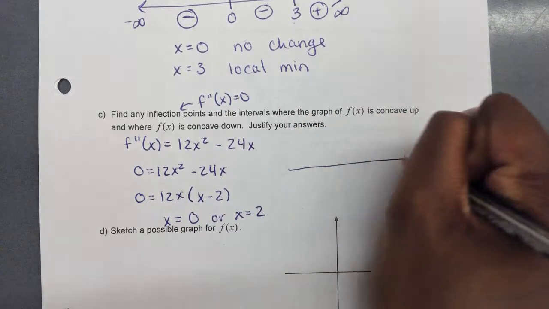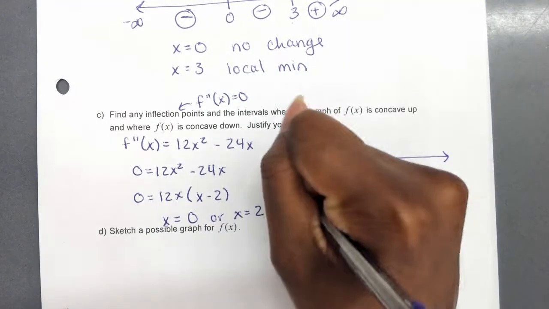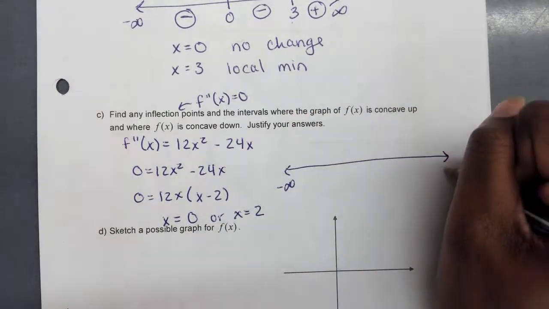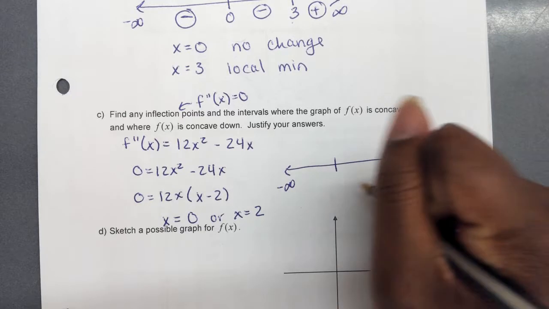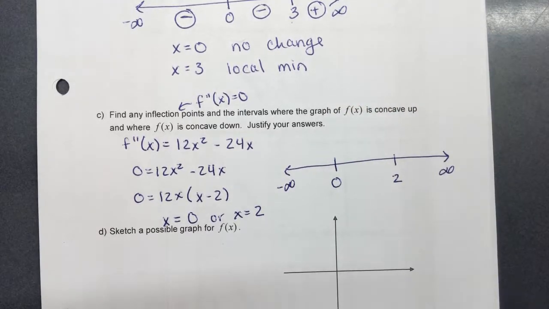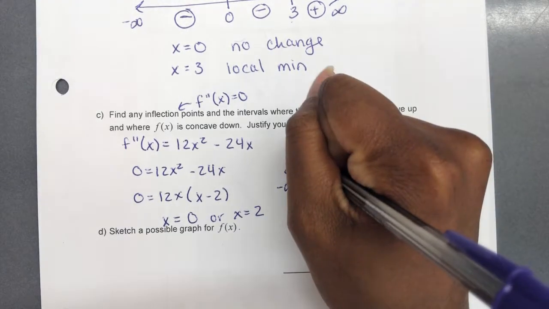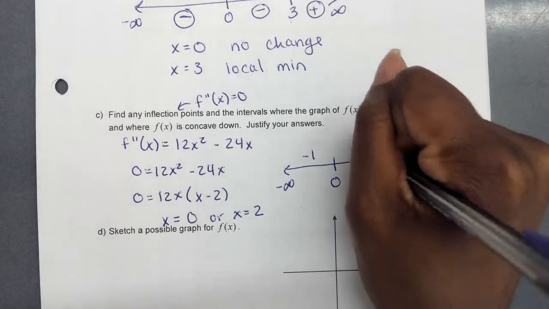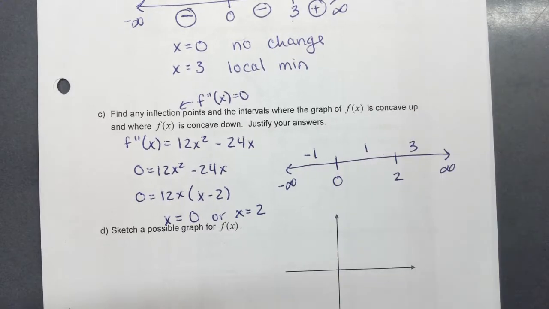So we're going to make another number line from negative infinity to positive infinity. And on that number line, we'll have 0 and 2 for our inflection points. And if we pick some test values, we have negative 1, 1, and 3.